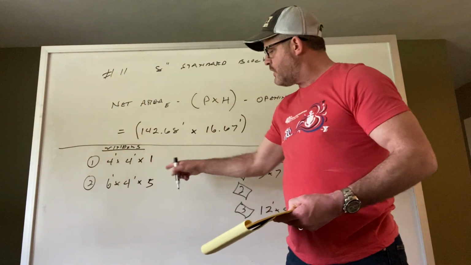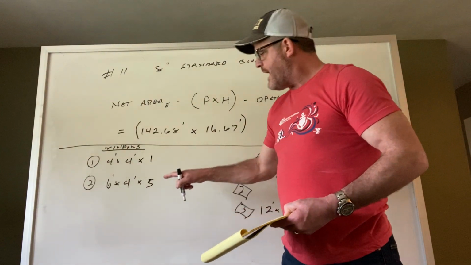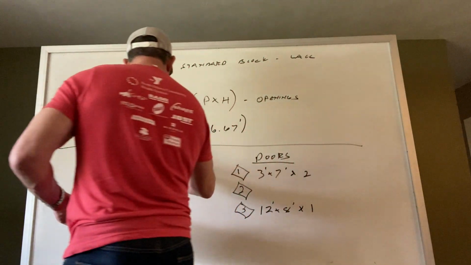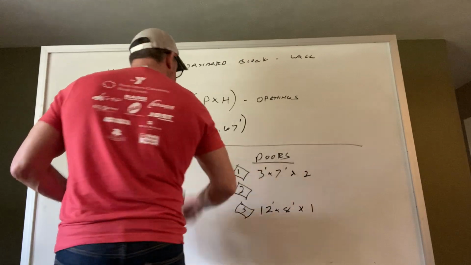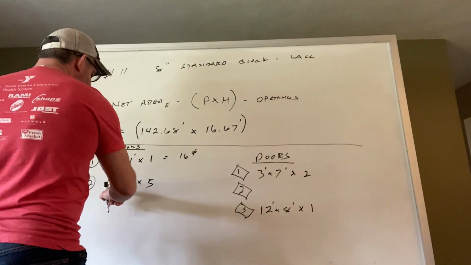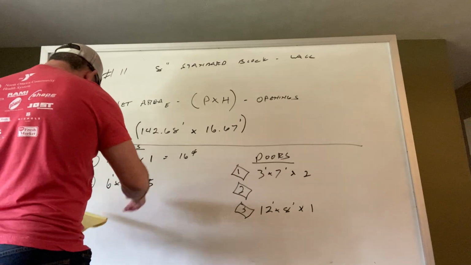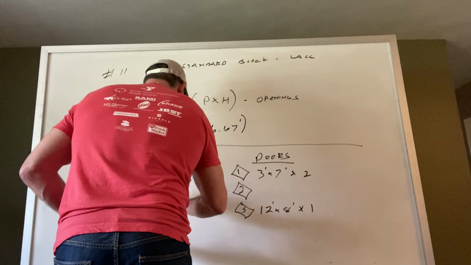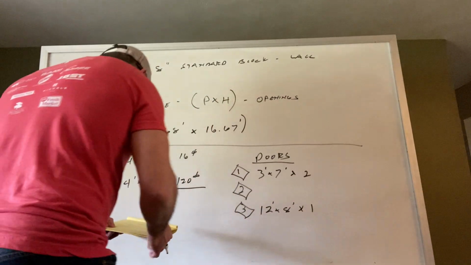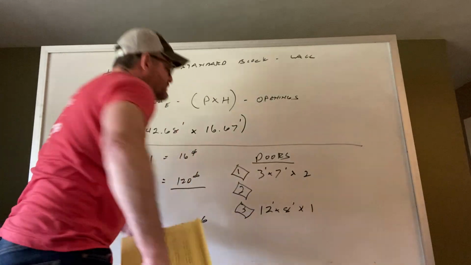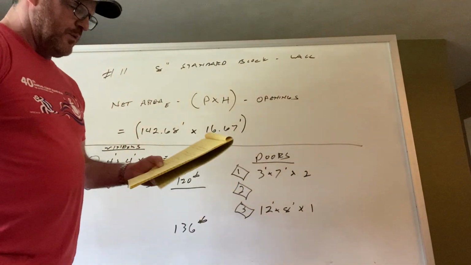That'll tell me my total square footage for my exterior openings. So 4 by 4 by 1 equals 16 square feet. Again, everybody should be doing this on their calculator, following along. 6 times 4, 24 times 5 gives me 120 square feet. So total for my windows, I've got 136 square feet of total opening.